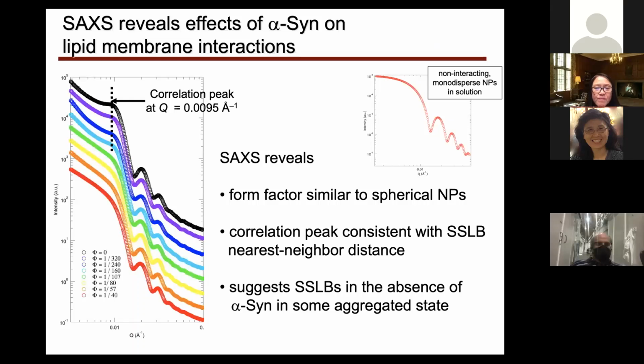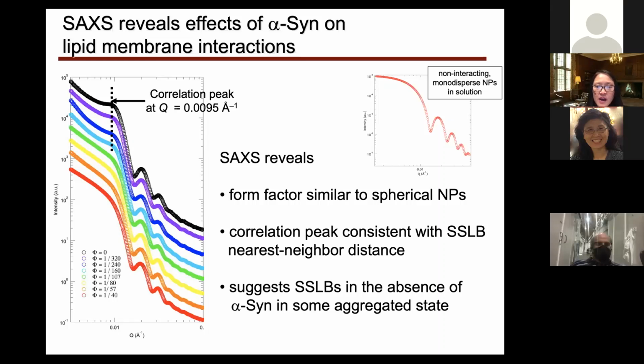And so what is shown here, again, the color coding is similar as before, with increasing protein to lipid ratio as you go from black to red. What is shown on the right is what you would expect when you have just monodispersed vesicles, monodispersed colloidal particles.